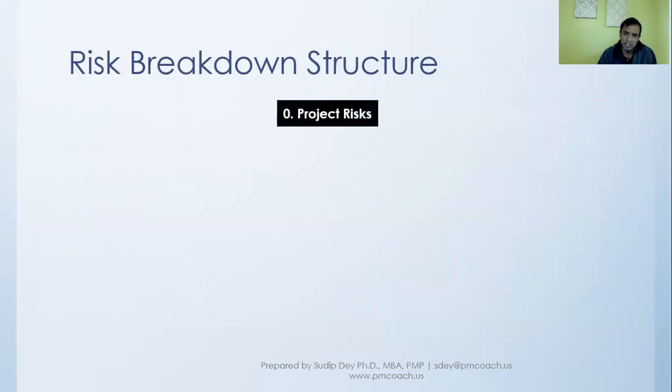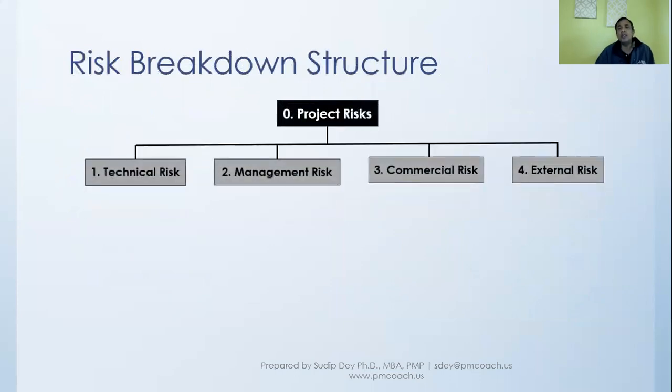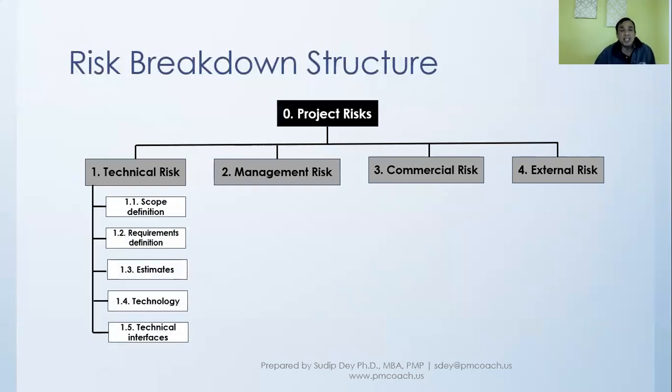So we have a project risk, and we can think of different categories, different types of risk. There may be technical risk, management risk, commercial risk, external risk. When we drill down the technical risk, we see there is a risk in the scope definition, risk in estimates, technology, and we have drilled down one more level.